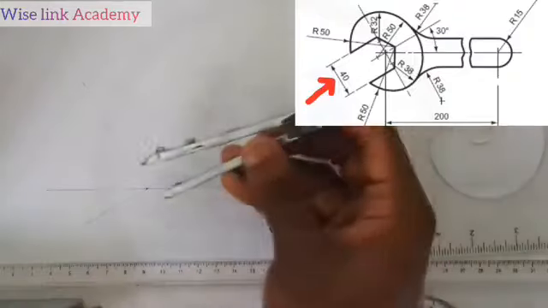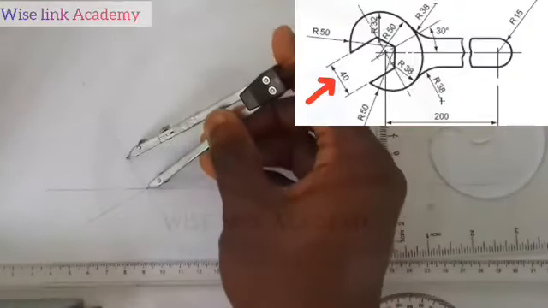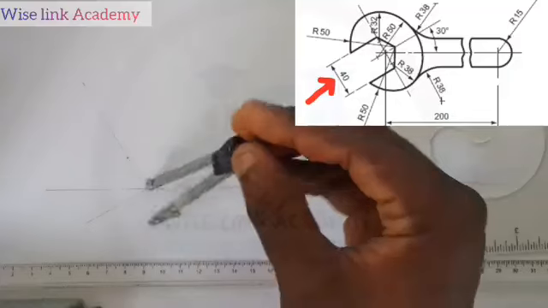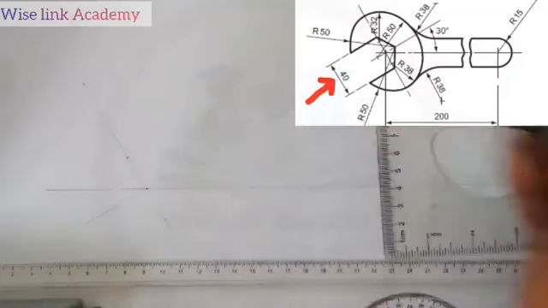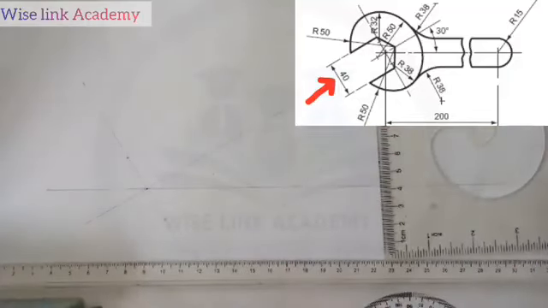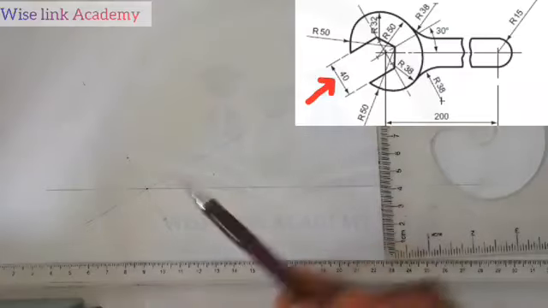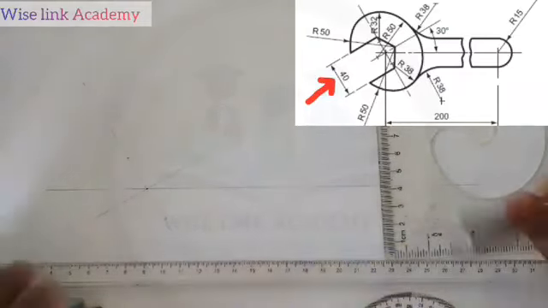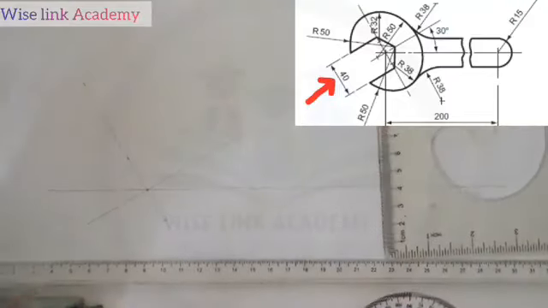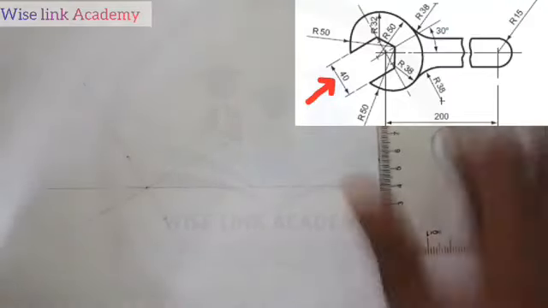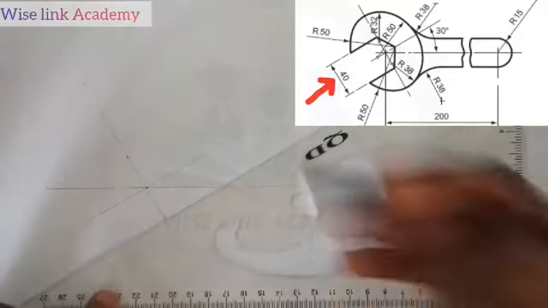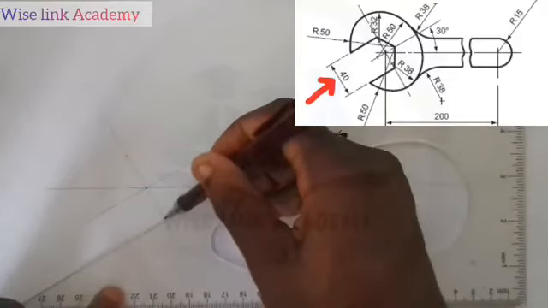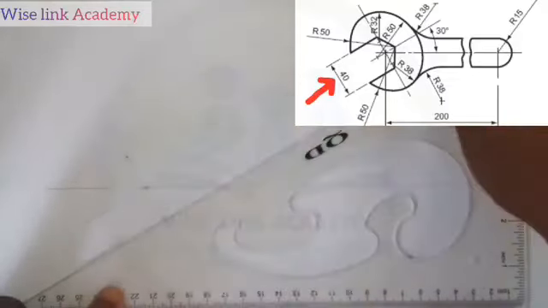I will place it at this point, strike an arc here, also strike an arc here, which sums up to 40. Next up, I will draw a parallel line to this upper one, this way, taking my set square this way, tangent to my t-square, and I'll draw this way.